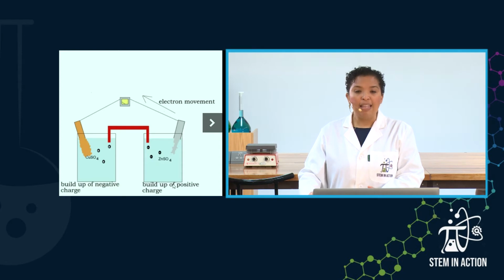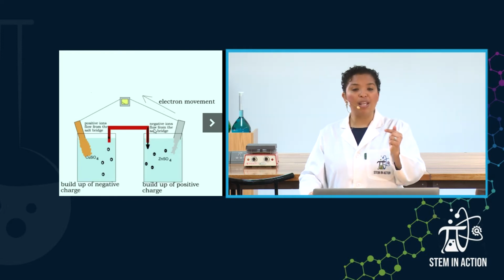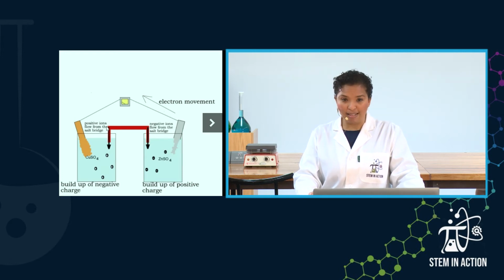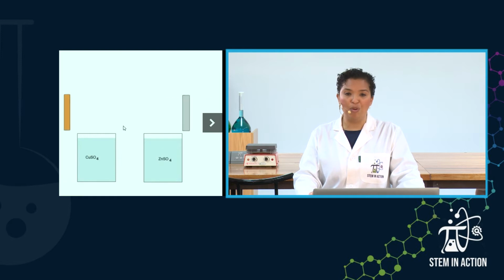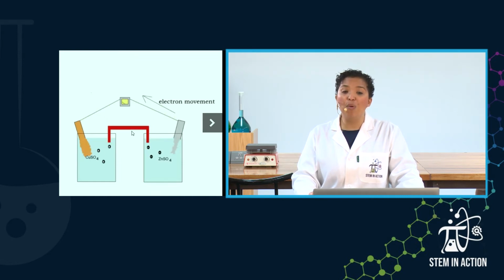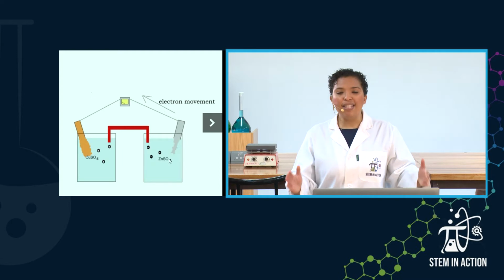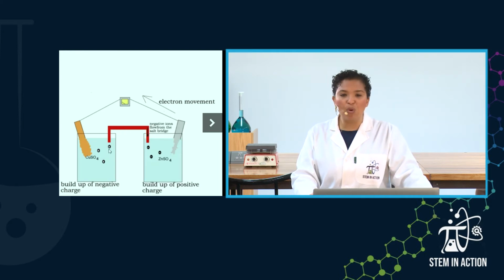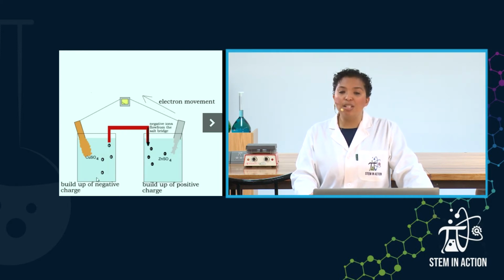This buildup of positive charge and buildup of negative charge here is neutralized because of the flow of charge in the salt bridge. This animation again shows the importance of that salt bridge. In that salt bridge, we would have an electrolyte as earlier, potassium chloride, and to neutralize the positive buildup of charge here, the chloride ions from that salt bridge travel through and neutralize the positive buildup there, and the potassium ions from the salt bridge electrolyte travel through the salt bridge and neutralize the buildup of negative charge over there.